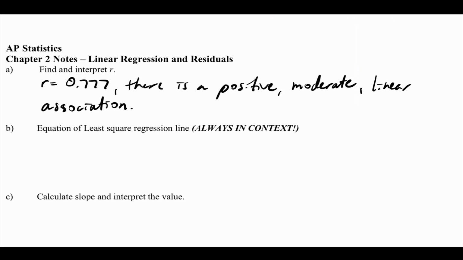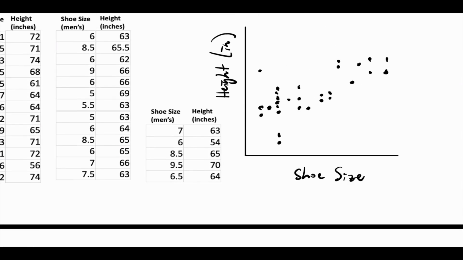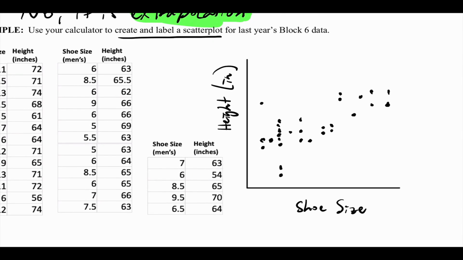Equation, here we go. So instead of y hat, that's predicted y. Well, in this case, the y was height.